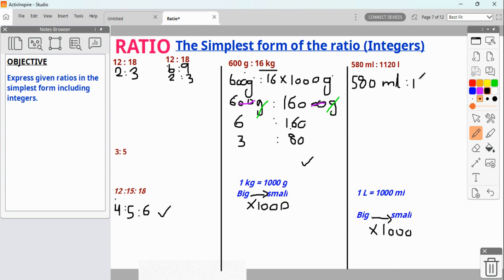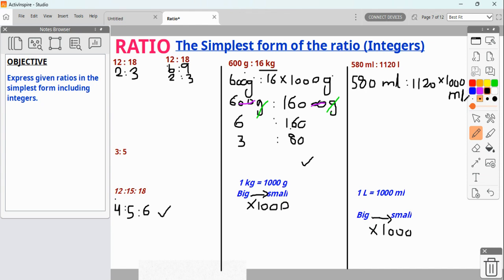Ratio 1120 multiply by 1000. And you know very well why we multiply by 1000, because we are changing liter to milliliter. 1000 milliliter, ml.